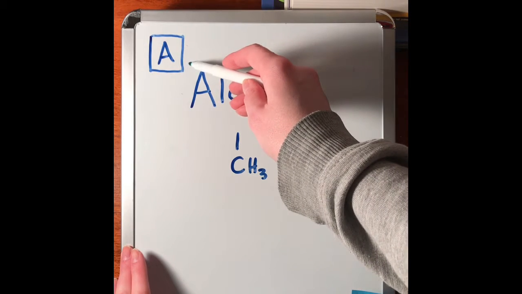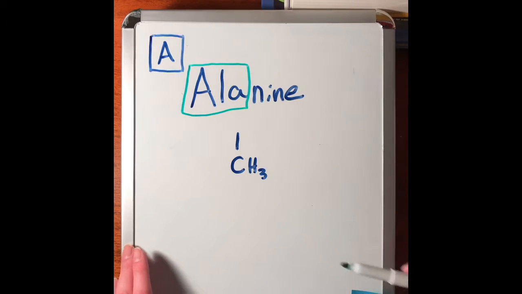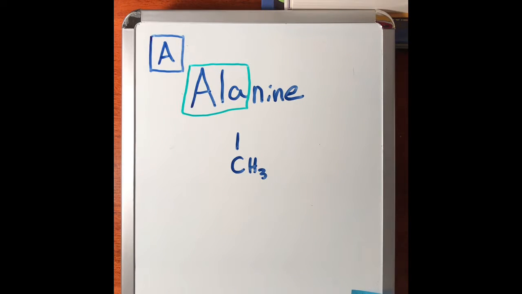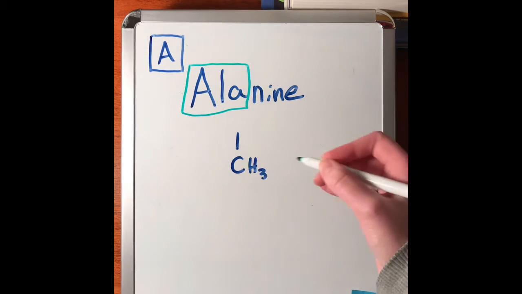Now, the 3-letter abbreviation for alanine is just the first 3 letters, ALA. This one, there isn't a specific trick for remembering how the R group attaches to the name of the amino acid, but you can just remember that, like an A, having a singular carbon is kind of a start for an amino acid.